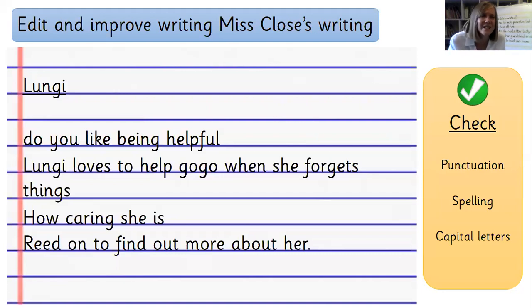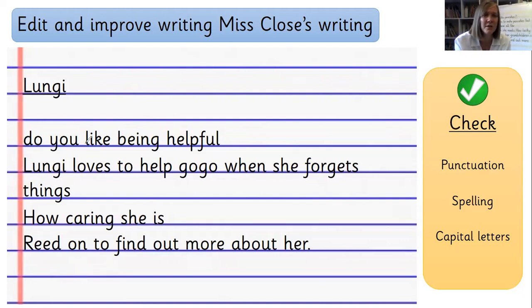I've then started, do you like being helpful? Now, can you spot what I have forgotten to do here? Can anyone see what I have done? Oh, let's have a look.